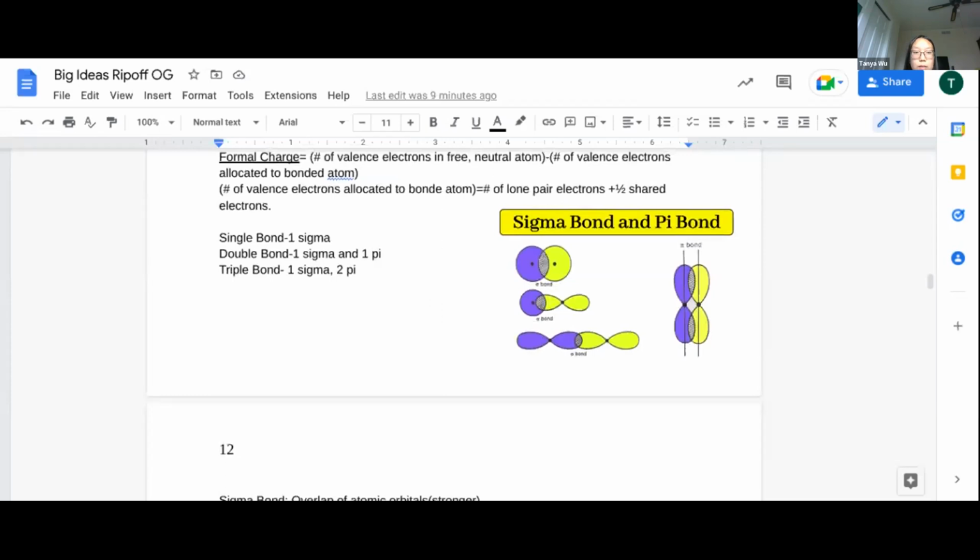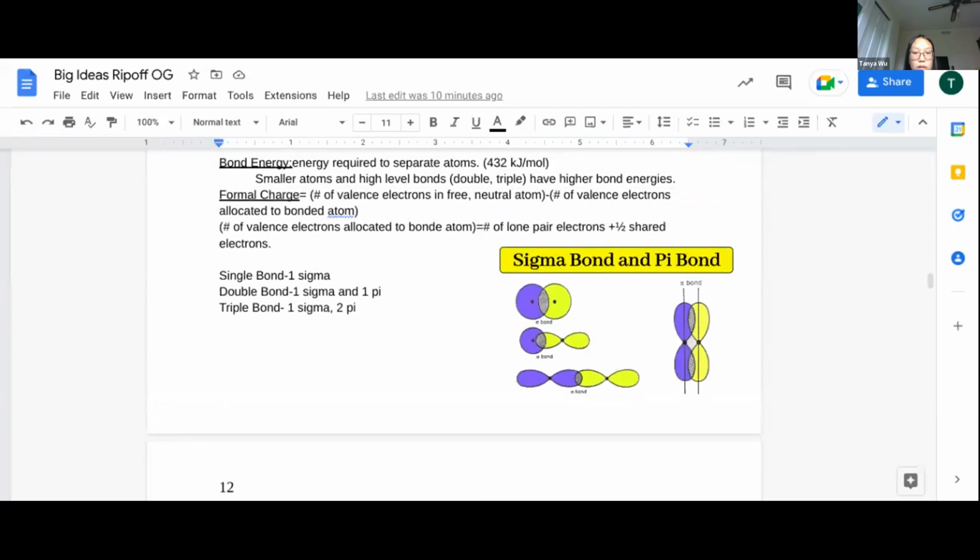So a pi bond is when they directly overlap, and then a sigma bond is when they're aligned. But it's usually a sigma bond if it's just a single bond. But if it's a double or triple bond, there will be pi bonds in there.